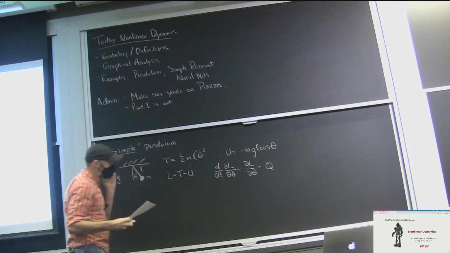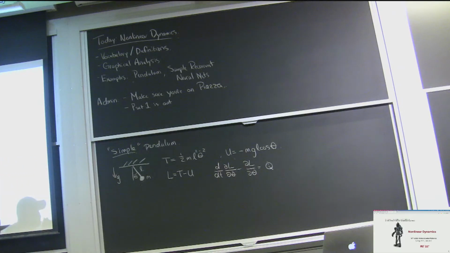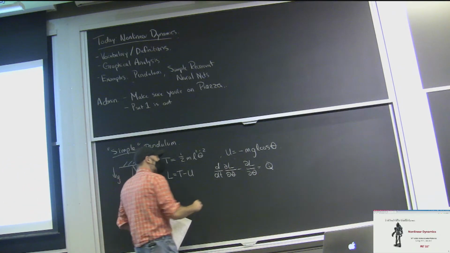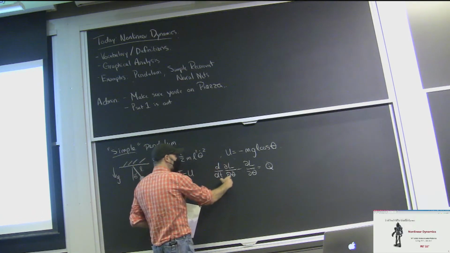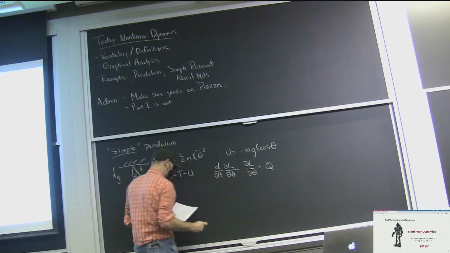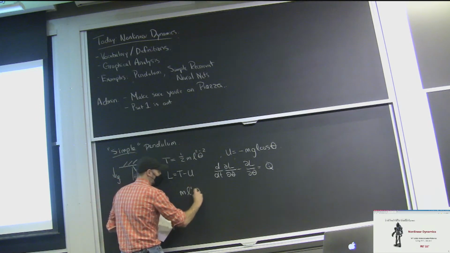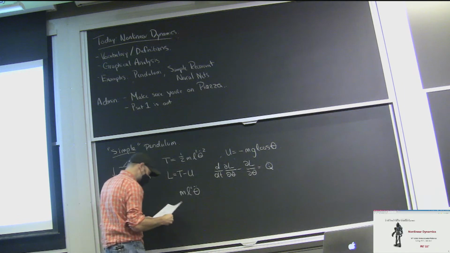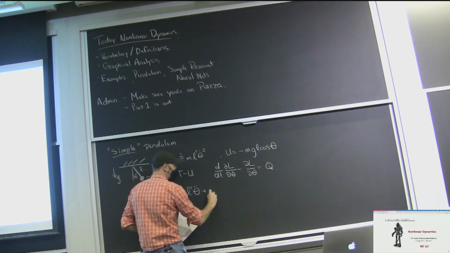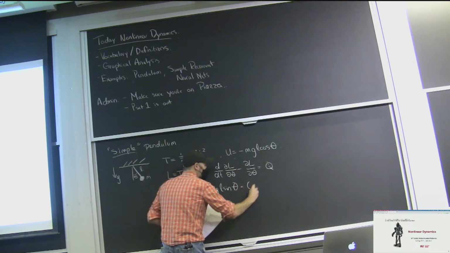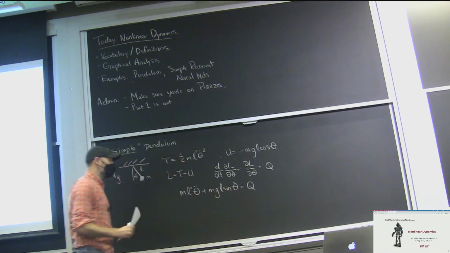Since I've only got one angle theta here, it's just a scalar equation in this case. If I take these derivatives, the equation that pops out is ml squared theta double dot plus mgl sine theta equals Q.